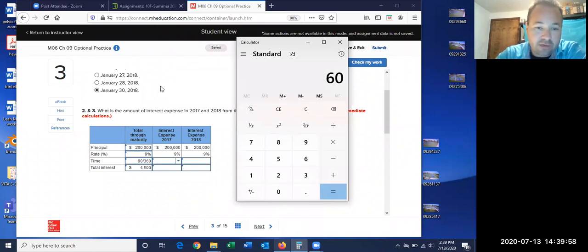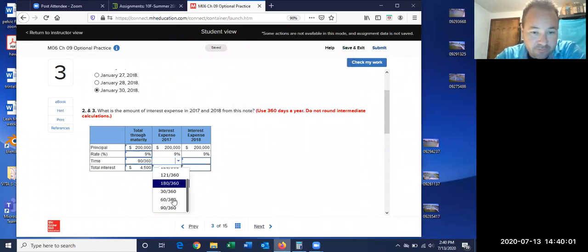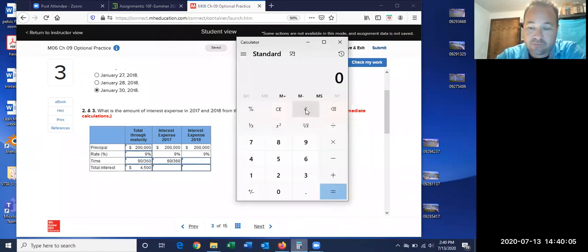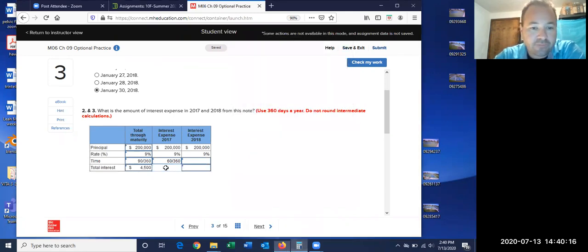So we're going to show 60 here. And then my total interest, let's calculate that out, 60 divided by 360 times 9% times 200 grand. $3,000 out of the $4,500 was earned in 2017.